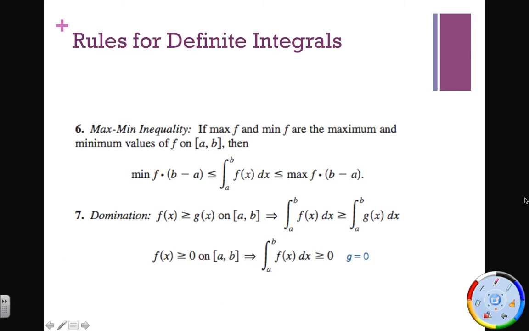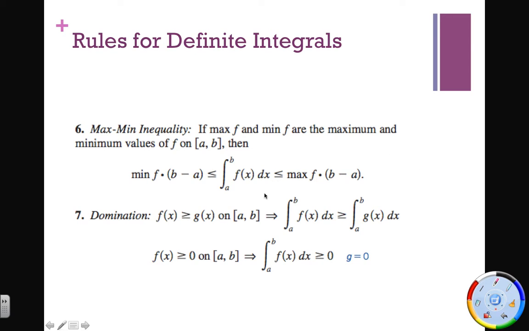The next couple rules are kind of complex looking ones. And the first one is the min-max inequality. So if max f and min f are the maximum and minimum values of f on a to b, then we can say the minimum of f times b minus a is less than the integral, which is less than the maximum of f times b minus a.